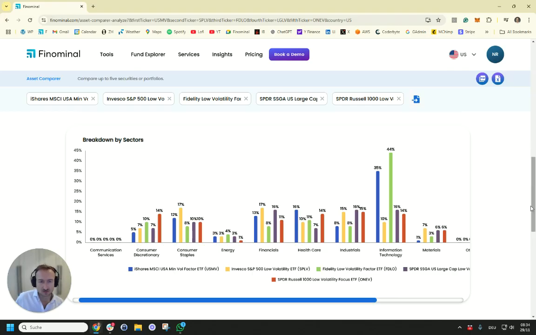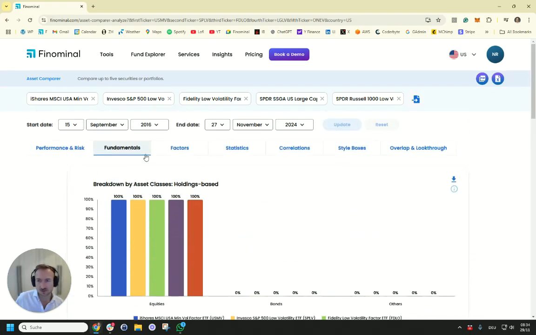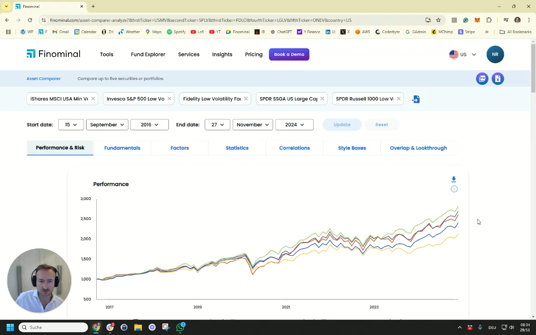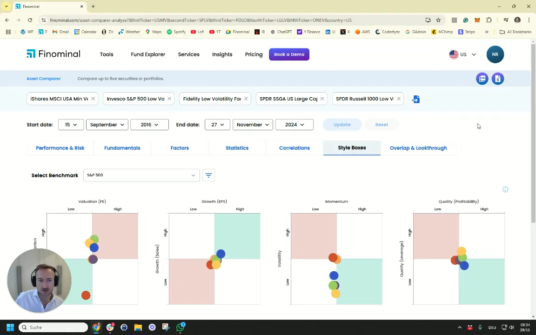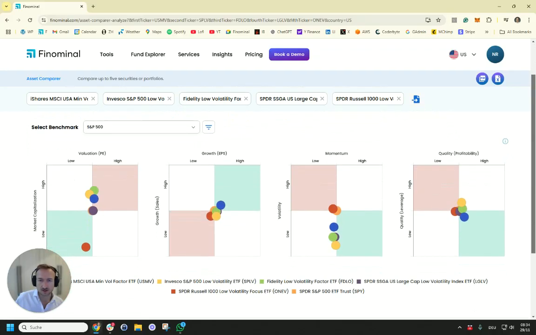And so this concludes our analysis of these 5 low volatility ETFs. As you can see from a performance perspective, one clearly outperformed, but we can explain that by its exposure to the technology sector. We can look at them from a fundamental perspective and see that they are all quite similar, except perhaps the one that provides exposure to mid caps.